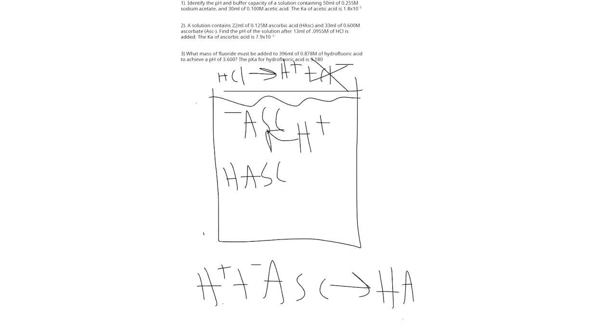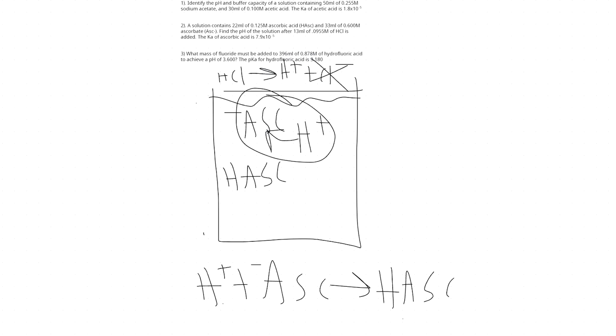And why is this important? Well, the more these two react, the less ascorbate you'll have because you're using it up. And the more ascorbate you use, the more ascorbic acid you'll make.